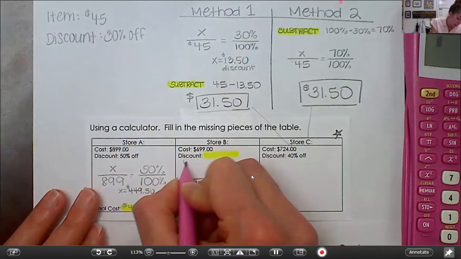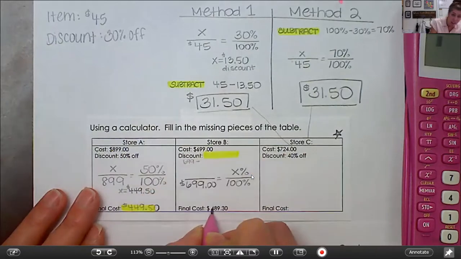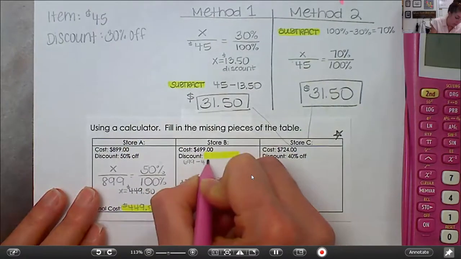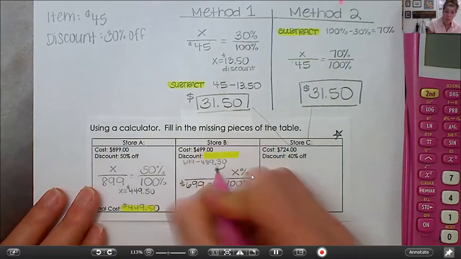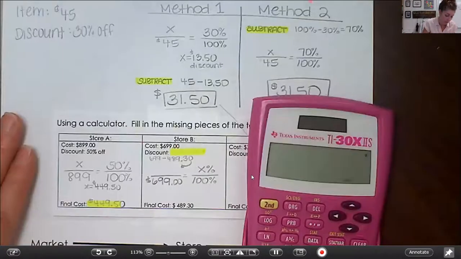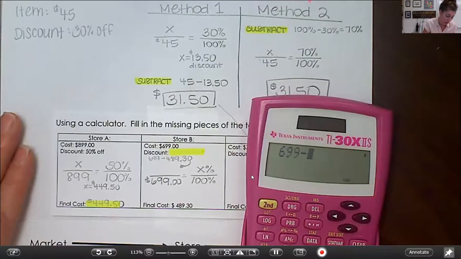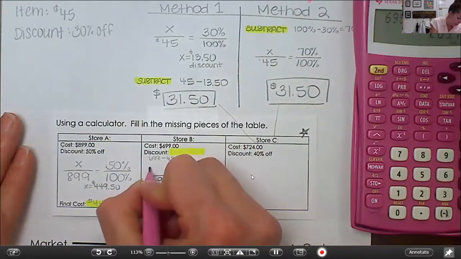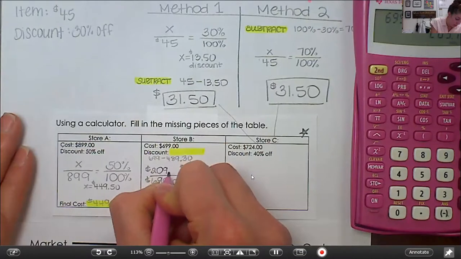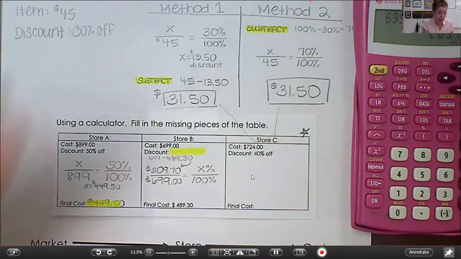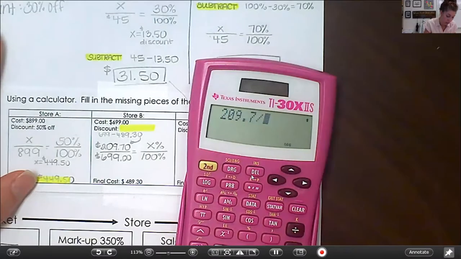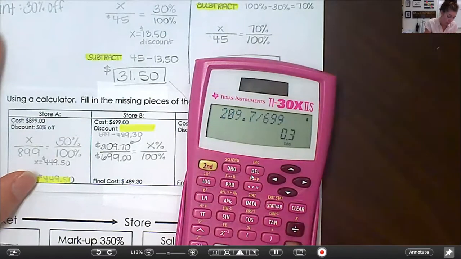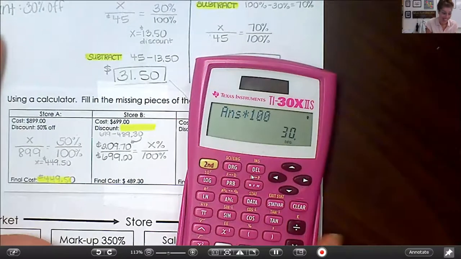So I'm going to take that original amount and subtract what I had to pay. And that'll give me my leftover. $209.70. Okay, and that is how I can find my percent off. 30% off.